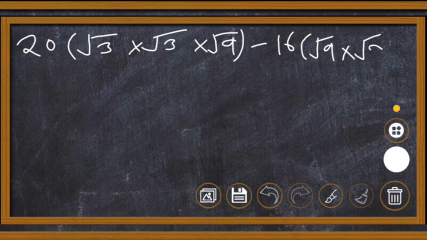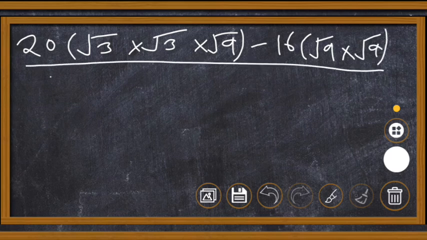So how can we simplify such? Let's say we also have the denominator down there: root of 8 multiplied by root of 2. So we may go ahead and try this one. Just pause the video and try it out.